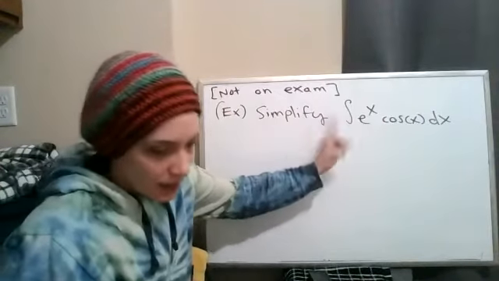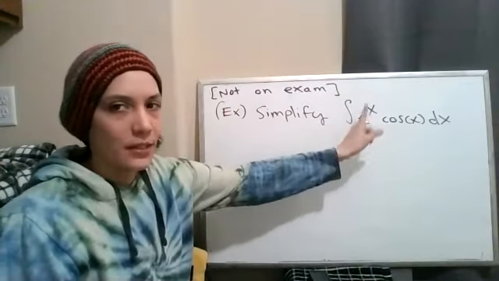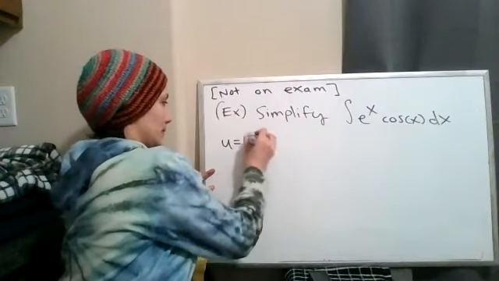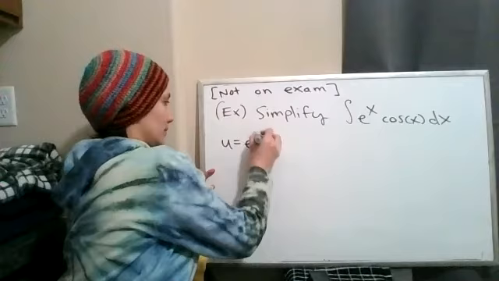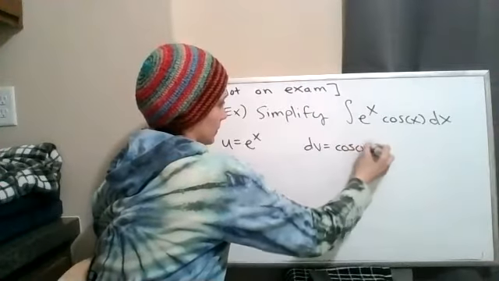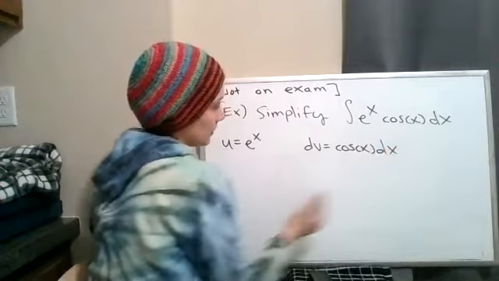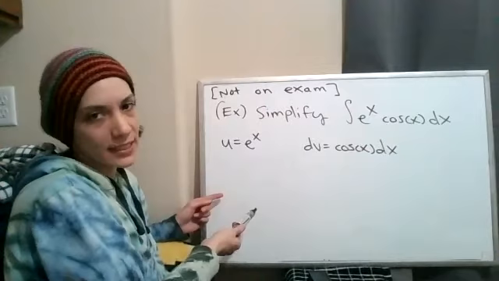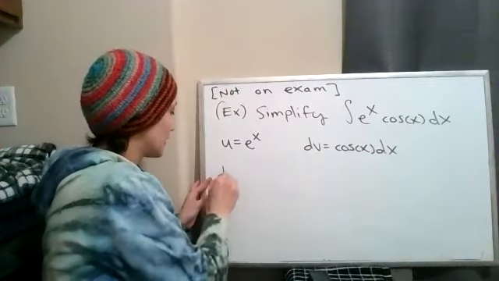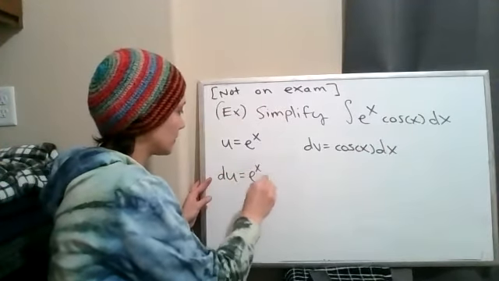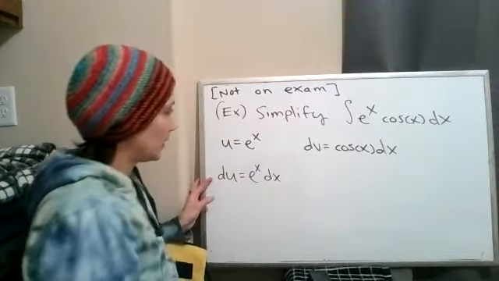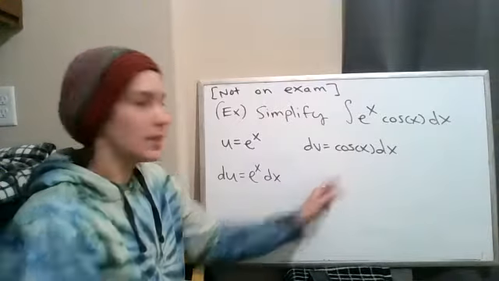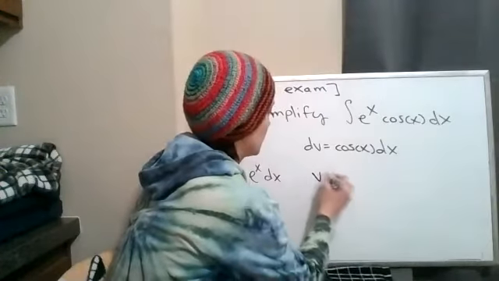We let u equal e to the x, dv is going to be cosine of x dx. When you do the derivative of e to the x, you get e to the x. And when we integrate this side, v will be sine of x.